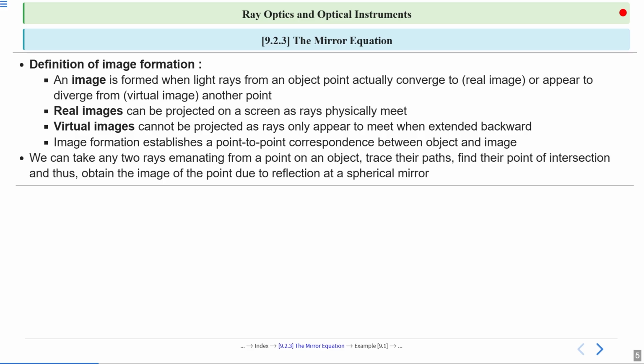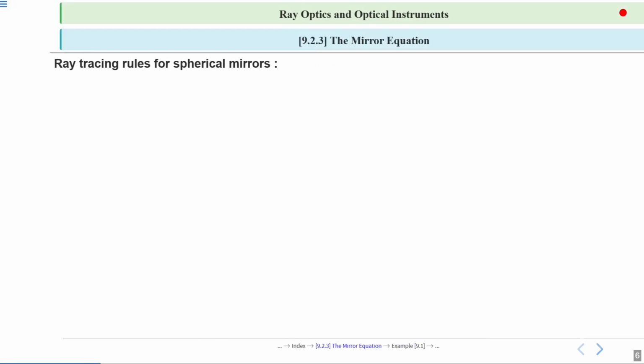We need at least two rays, though more rays can be taken. Then we trace their paths and find their point of intersection after reflecting from the mirror. That point of intersection can be taken as the image due to the reflection at the spherical mirror.